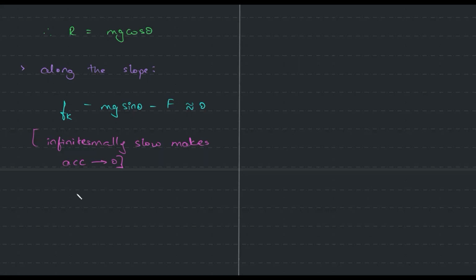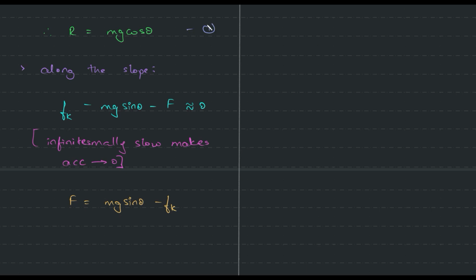So with this, I'll be able to write F is equal to mg sine theta minus fk. So we are working against the friction. It's always the case. So a bit of substitution.